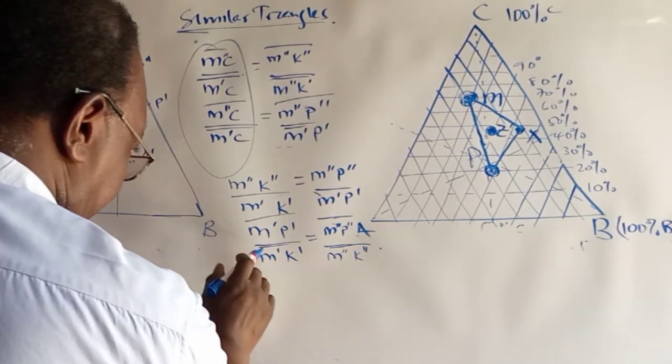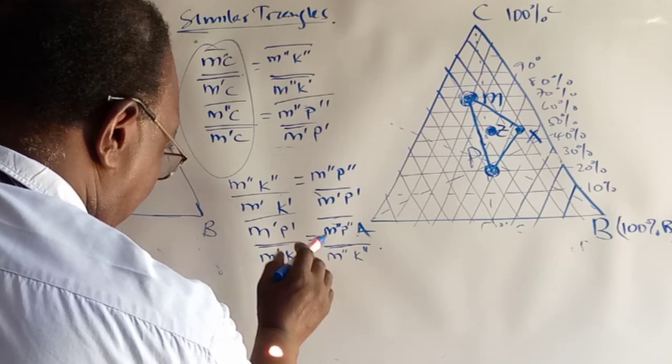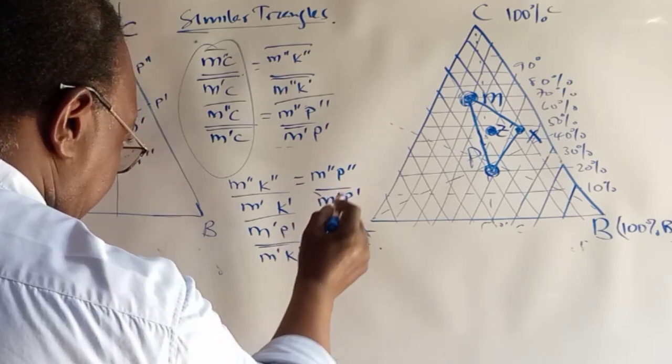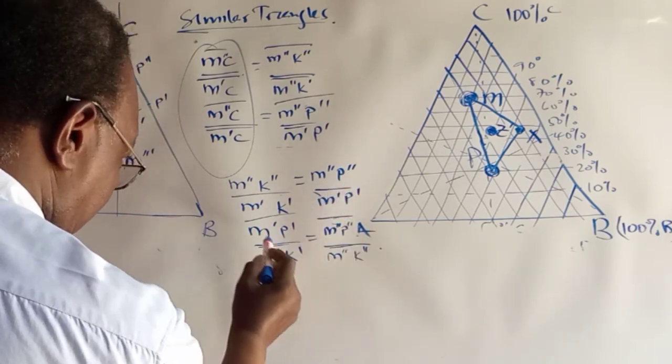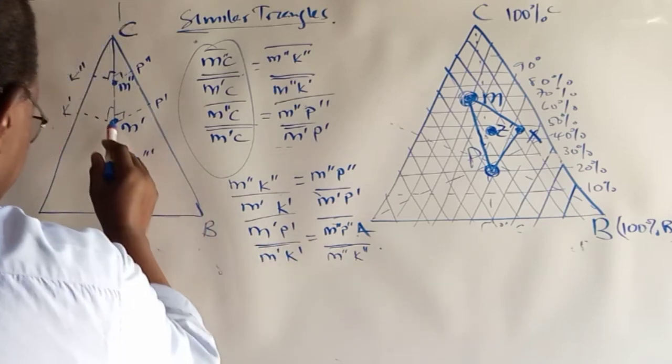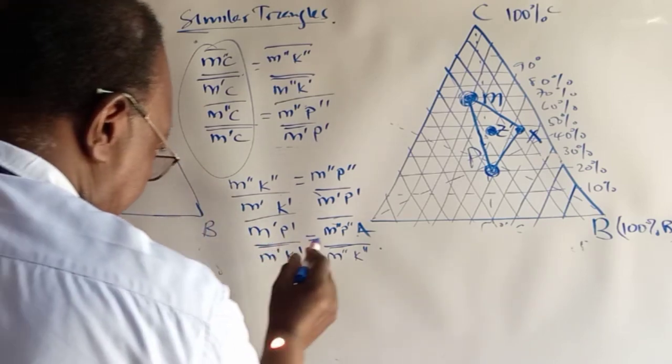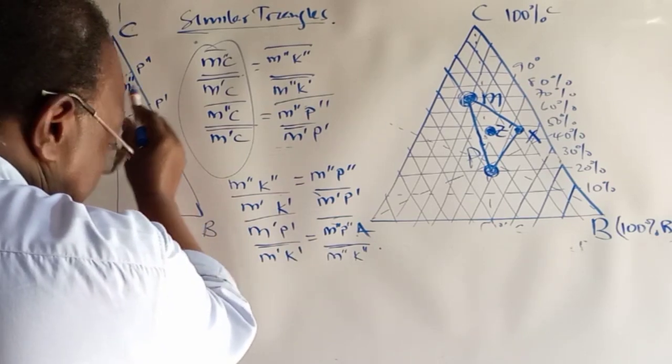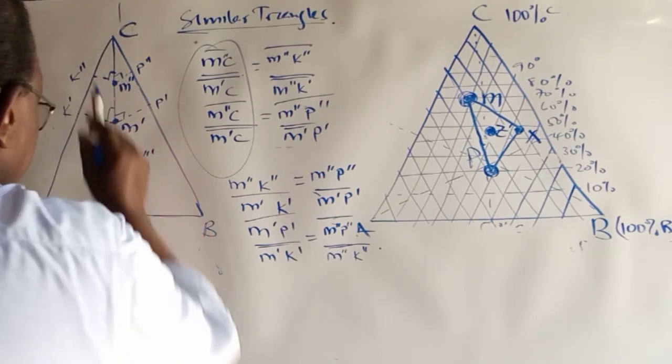We want to have that singular M P prime. That is M prime P prime, M prime K prime, as being equal to M double prime P double prime, M double prime K double prime.